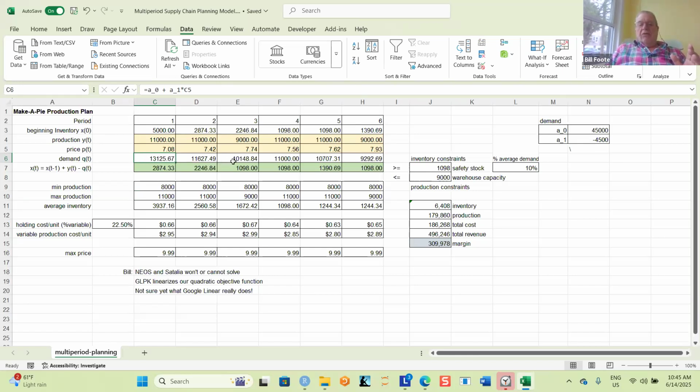Somebody would be figuring out the demand for each and every one of these. Now, notice the demand does not depend upon supply. It's just there. But supply depends upon demand in this model. So demand's outside, and if I demand it, you better supply it, either through inventory or new production. That's it. Pretty straightforward.